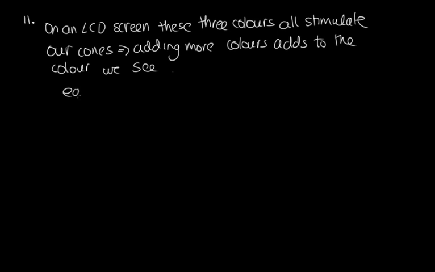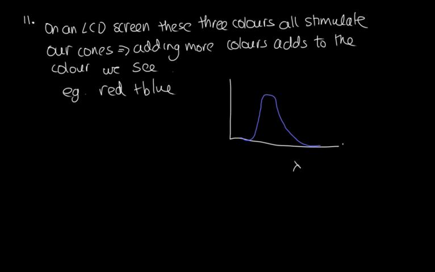So for example, red plus blue: blue light has a shorter wavelength, so it's something like that. And then if we add some red as well with a longer wavelength, it's like this. And our brain interprets this as magenta, a kind of purpley colour. We interpret it as a mixture of blue and red.